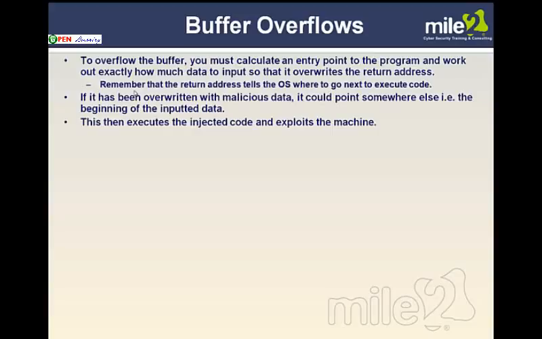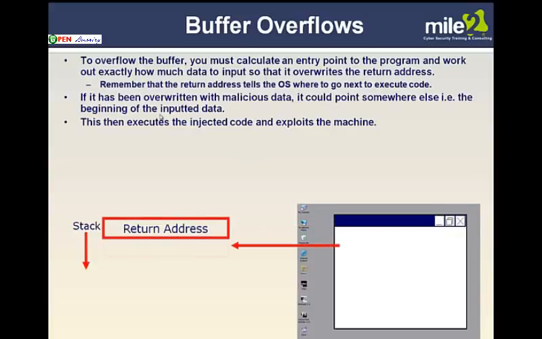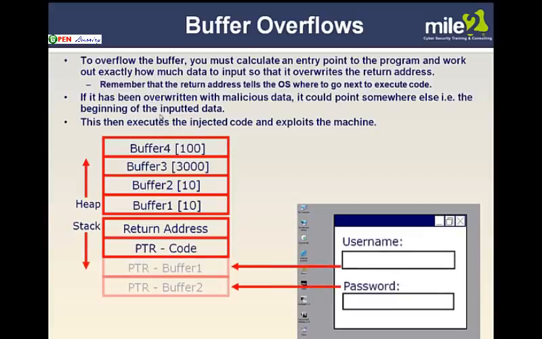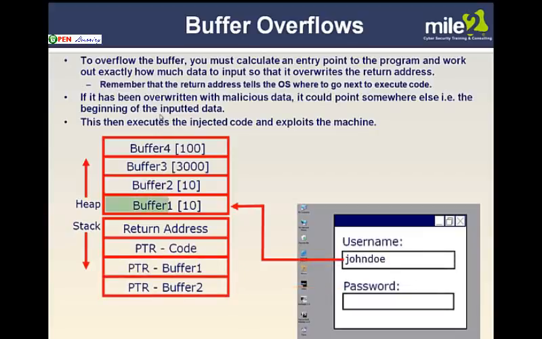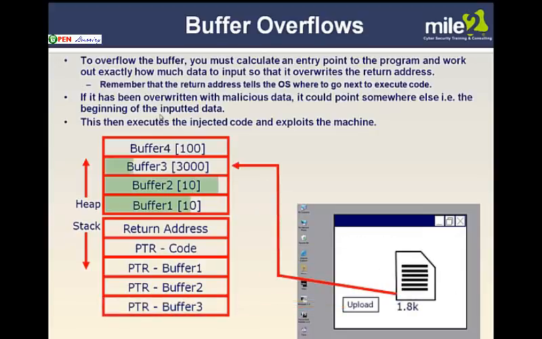And then if you are a hacker and this was very well planned out, you could execute the injected code and exploit the machine. Now, buffer overflows do occur sometimes simply by accident. It's not always intentional from some malicious hacker. Let's go through the sequence again.